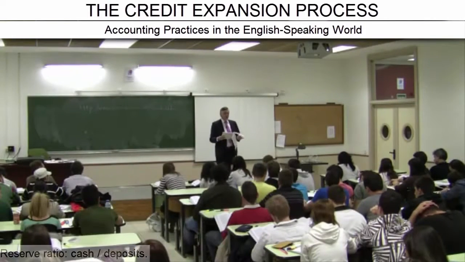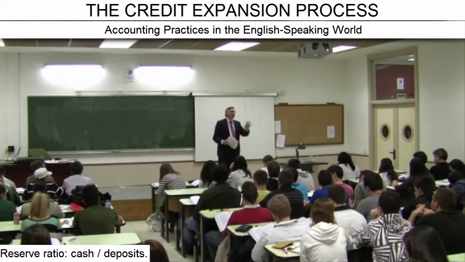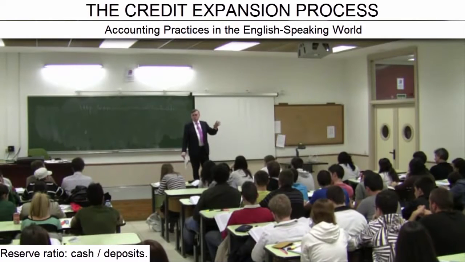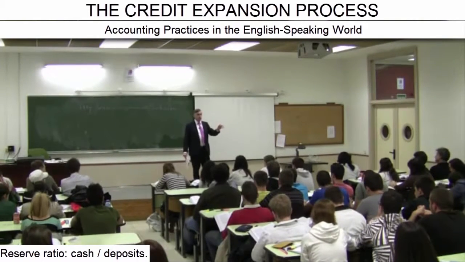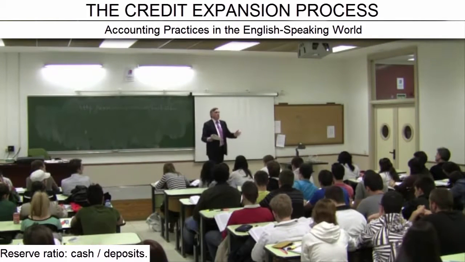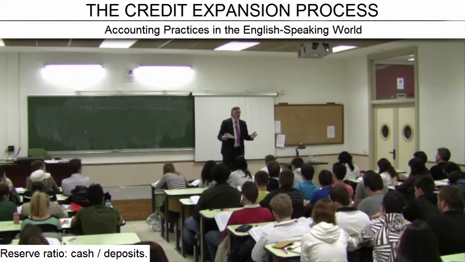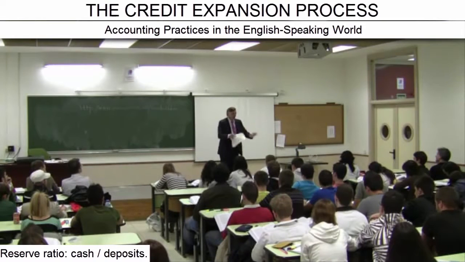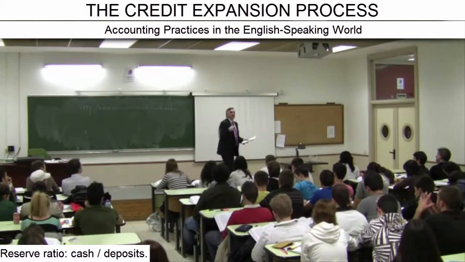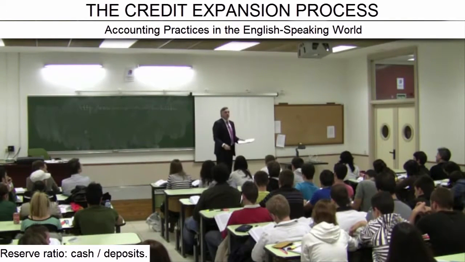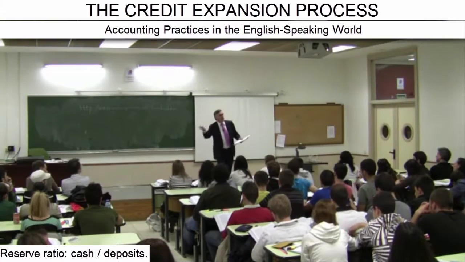If bankers estimate that with a reserve ratio of 10%, they have enough to handle normal deposit withdrawals, and they have 1 million euros in cash, what do they do? They leave the money in the vault, but they grant loans for 900,000. They create deposits from nothing for 900,000, and they hand over checkbooks.